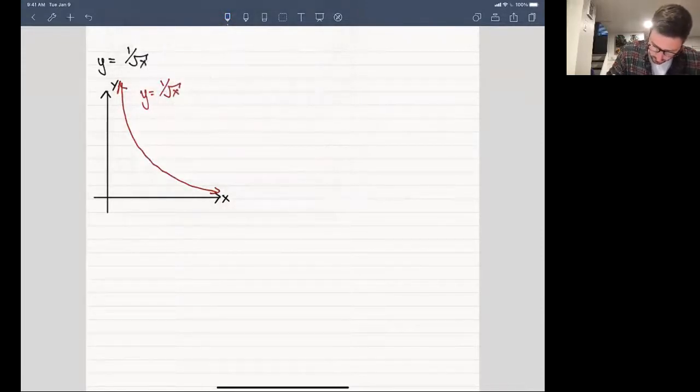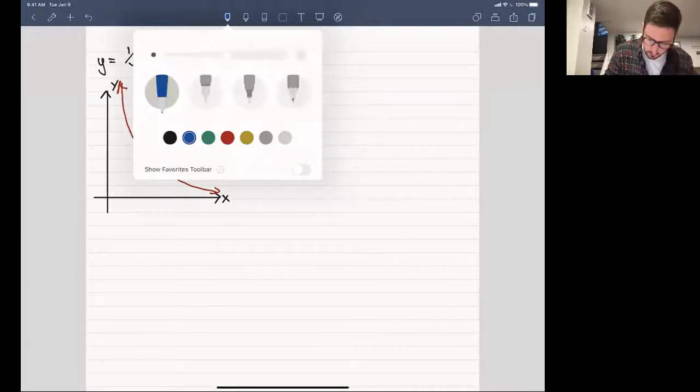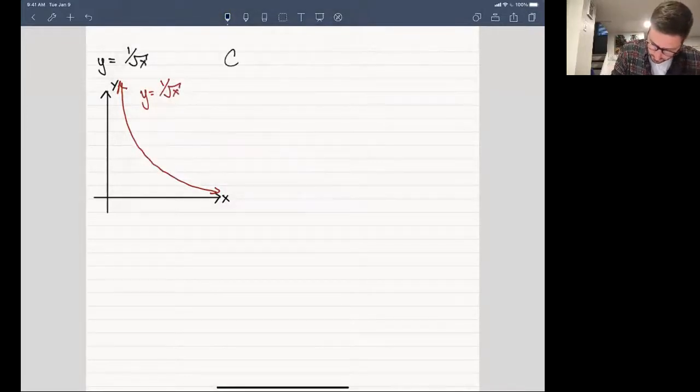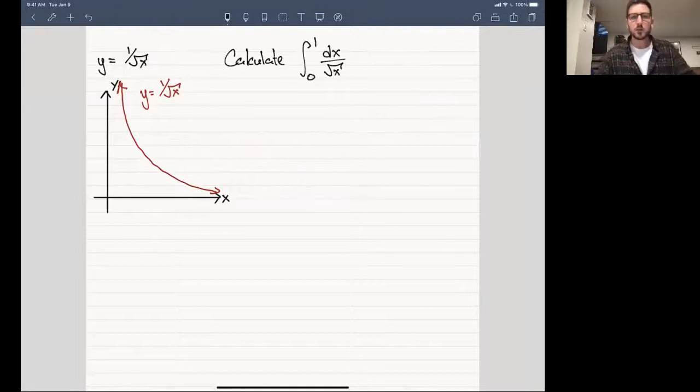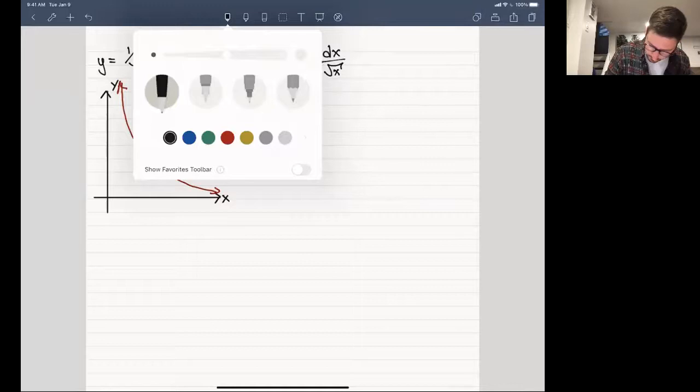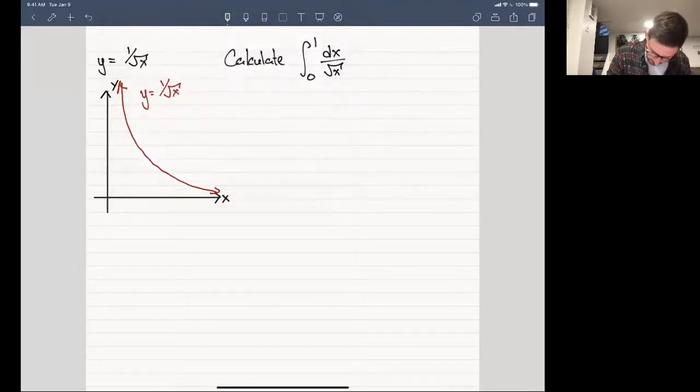And maybe I ask you to calculate the integral from 0 to 1 of dx over the square root of x. So that is the area under the curve between 0 and 1. So let's say this is 1 right here.